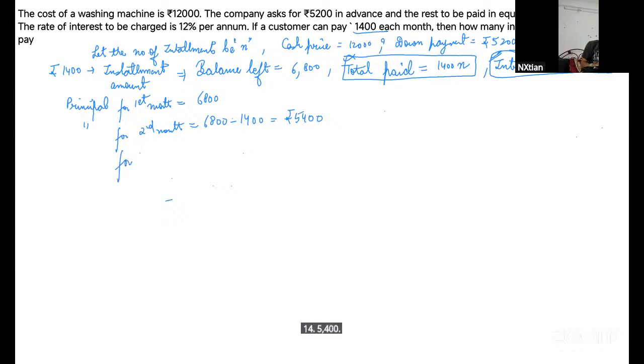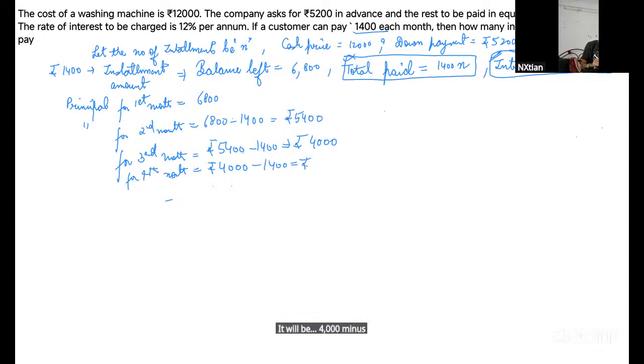Now for the third month, it will be 5,400 minus 1,400, which will be 4,000. Now for the fourth month, it will be 4,000 minus 1,400, which will become 2,600.